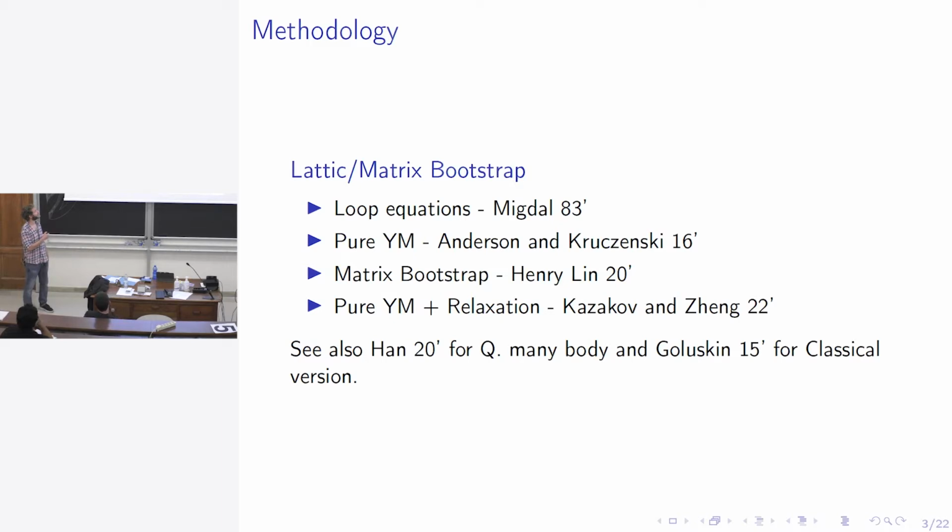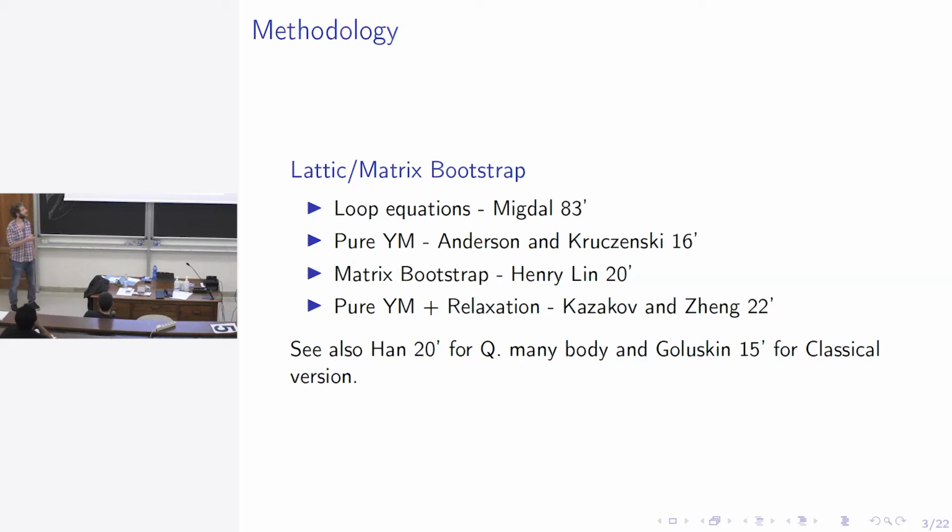So the loop equations, which are maybe the analog of what I will call spin flip equations, my equations of motion, were derived by Migdal in '83, but really the methodology that I'm going to talk about today, at least in our community, started its way in a paper from 2016 by Anderson and Kurczynski, where they essentially took the loop equation in pure Yang-Mills and set them up in a way that looks like a bootstrap problem. Henry Lin was inspired by that, and in 2020 he wrote a paper about matrix bootstrap.